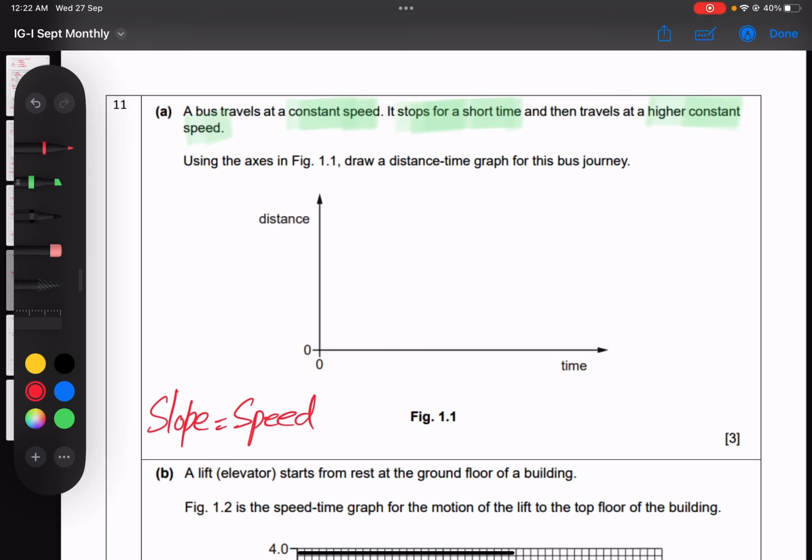First of all, you have to draw a constant slope, and then it will rest. This is the rest time, and then a slope with some higher speed. So more steepness, but it's constant as well.